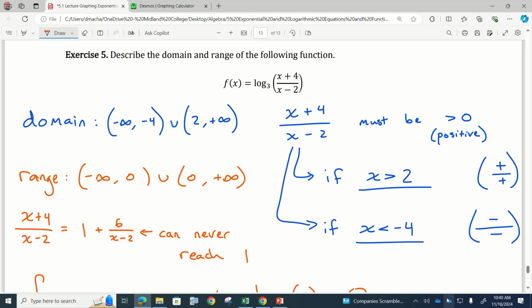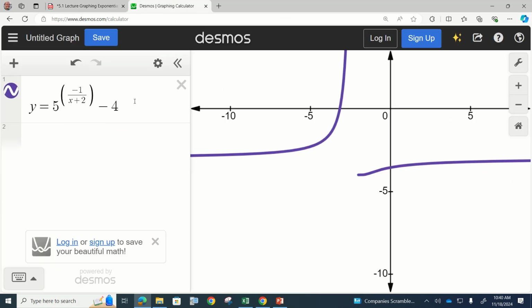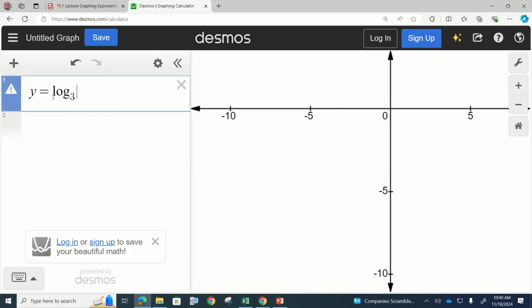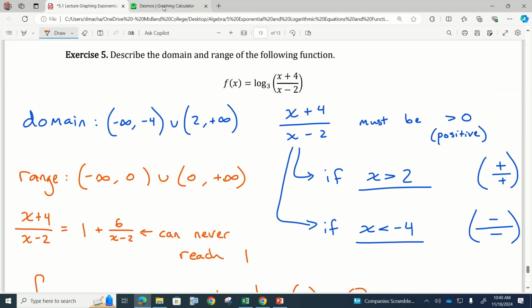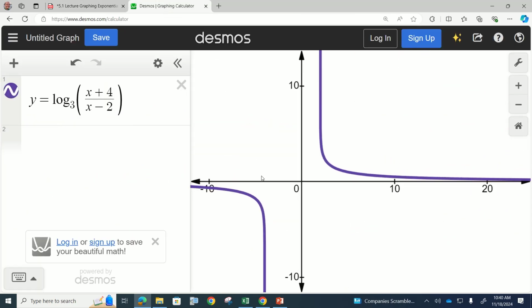So let's check our work really quick and see how this goes. That's my function.